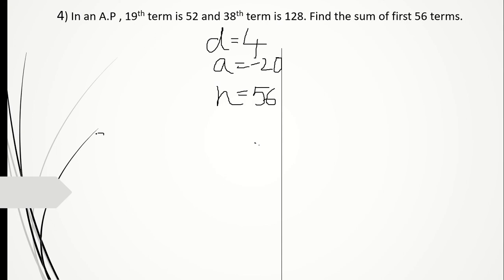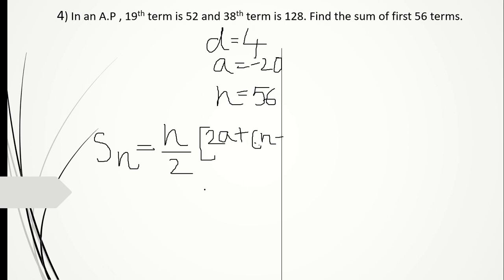So use this formula. Sn is equal to n by 2 in the bracket 2a plus n minus 1 d.